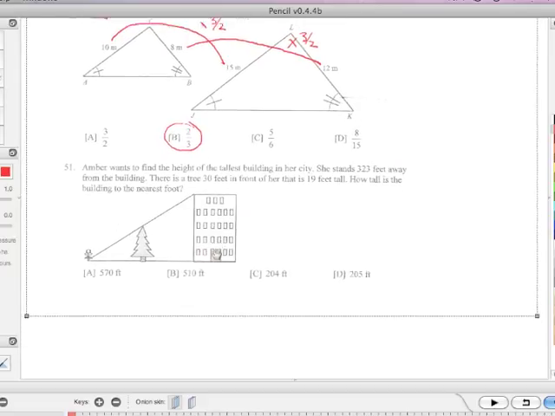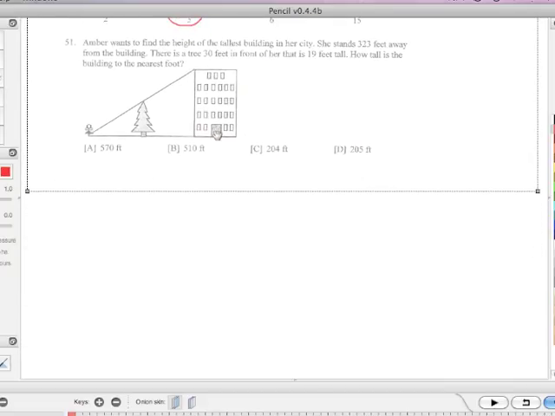Amber wants to find the height of the tallest building in her city. She stands 323 feet away from her building, and there's a tree 30 feet in front of her. Okay, so let's label this, because this is important. This is 30 feet from here to here, and she's 323 feet away from the building.